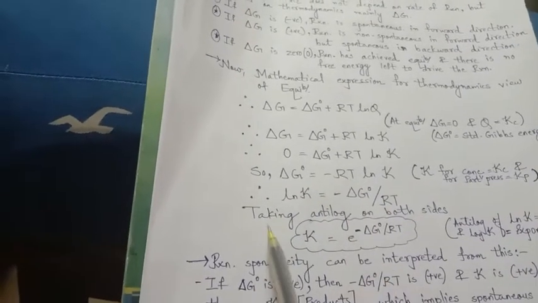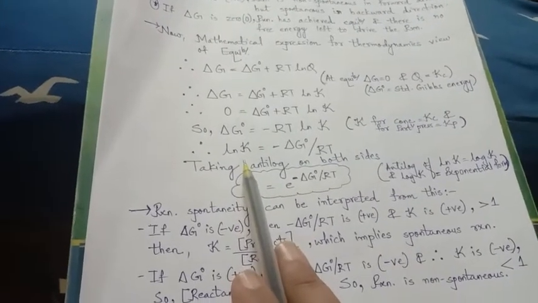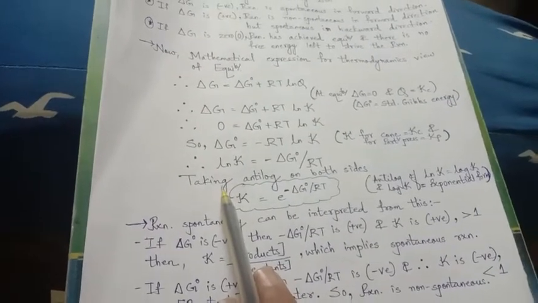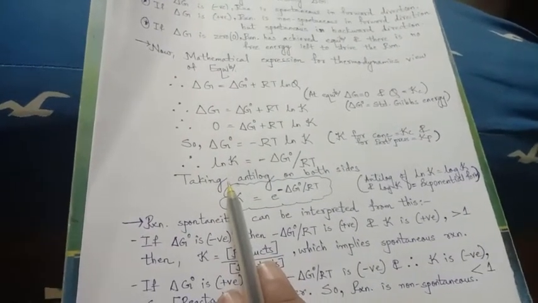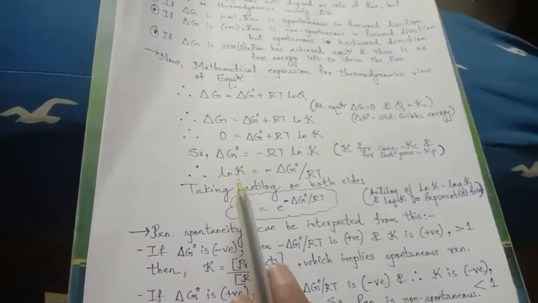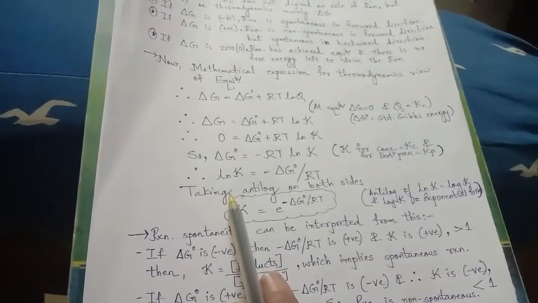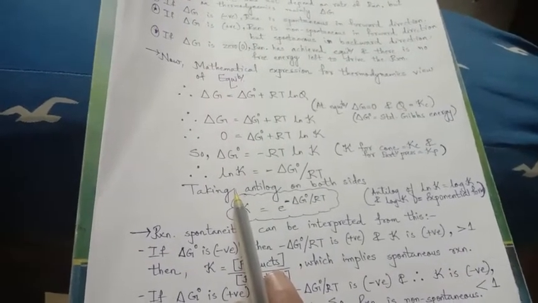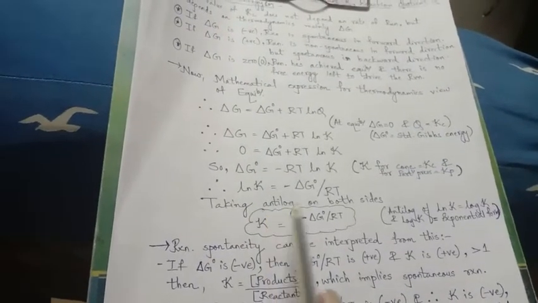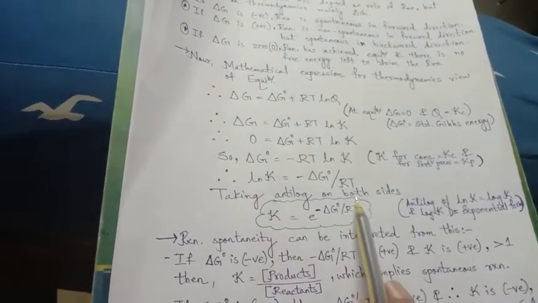Taking antilog on both the sides, because we don't have a natural logarithm table. We have a logarithmic table, but natural logarithm we don't have, and that is why in thermodynamics, if you remember, when we converted natural logarithm to log, we introduced the value 2.303. So here we multiply antilog on both the sides so that the logarithm value can be attained.